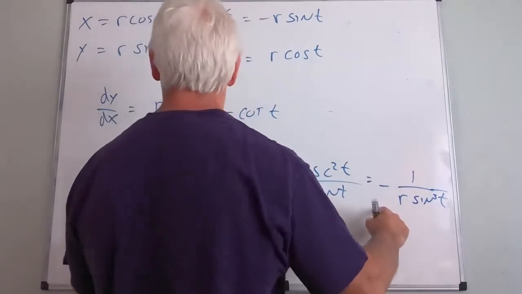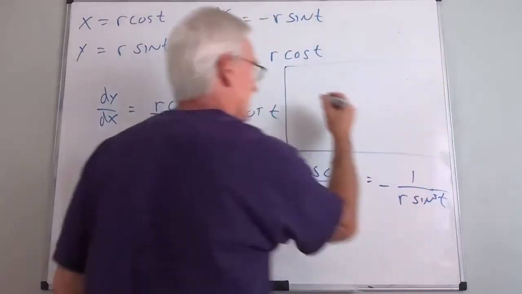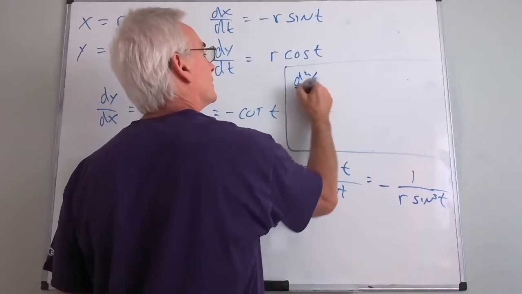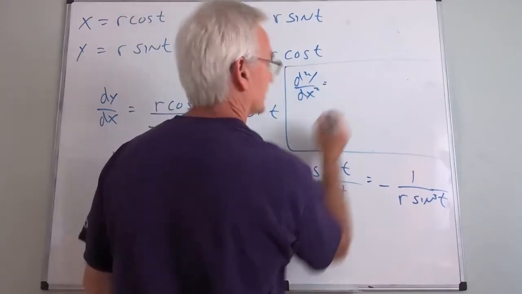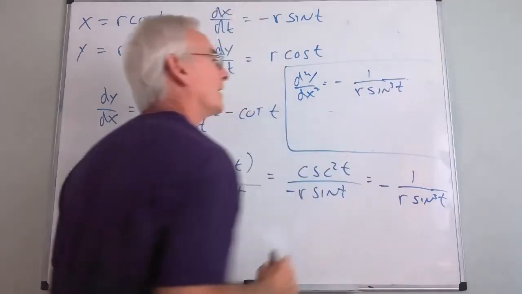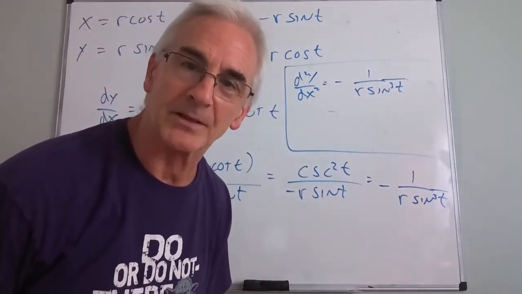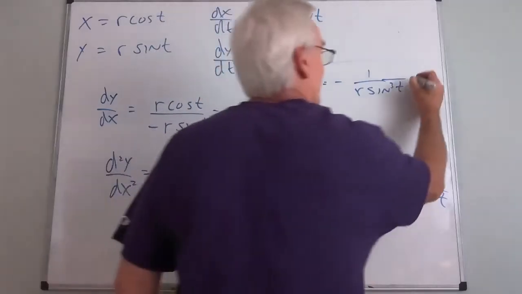Okay. So right now we've got that the second derivative is negative 1 over r times the cube of the sine. Just for fun, I'm going to multiply top and bottom by r squared because it's fun.